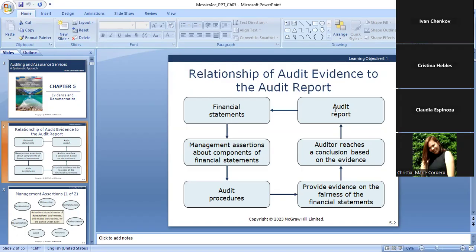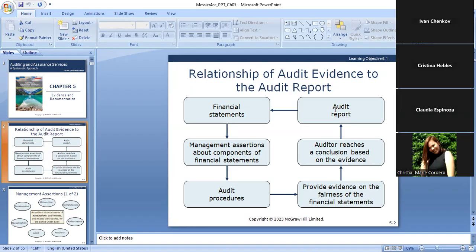Now, if we see that the environment is changing, that means the inherent risk has increased. So we might chase something that management might not tell us, or management thinks they have control, but we might think they don't have control.